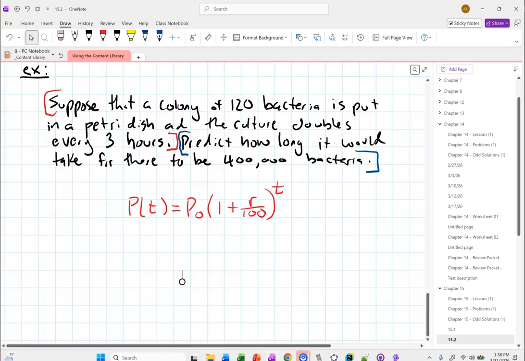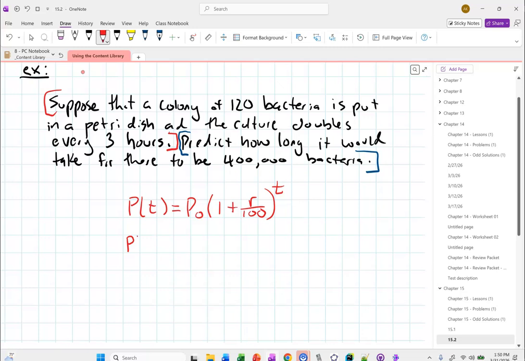Everybody's okay? Okay. So let's start by writing our model. What is our initial population? 120. What is our value for R? 100 is correct. How'd you get that, Mark? Doubles. Yeah, why does doubles mean 100? Because 100% of something is its full thing.